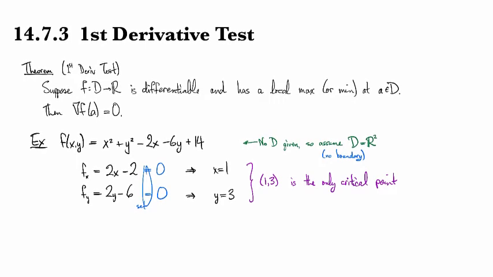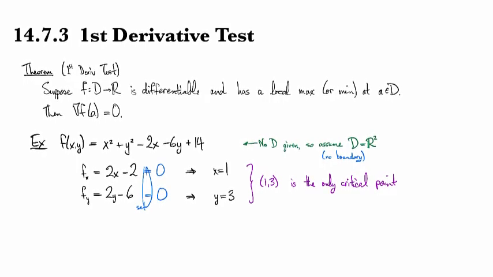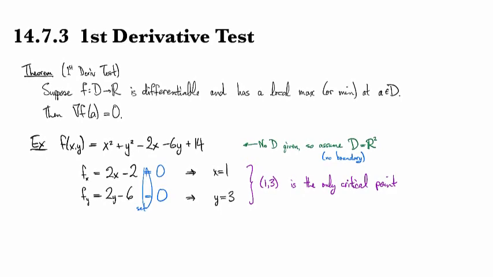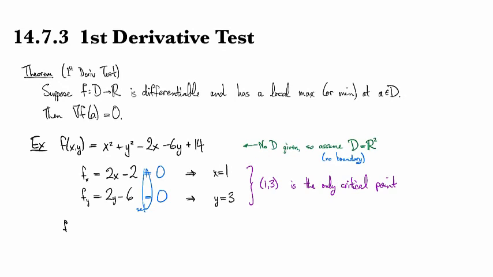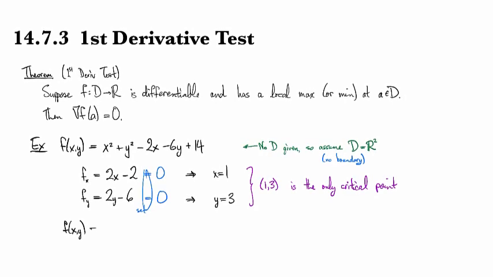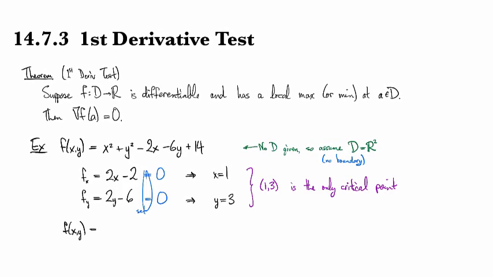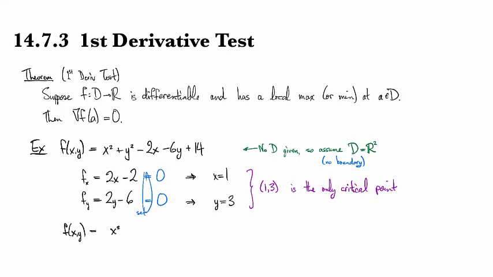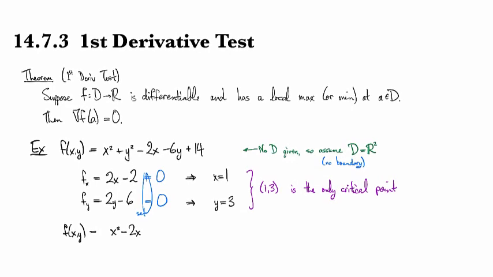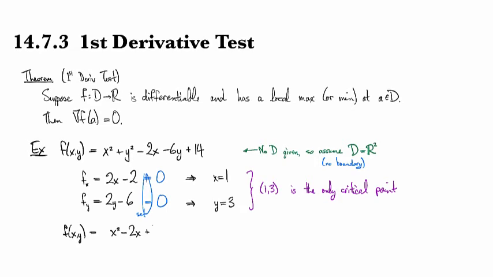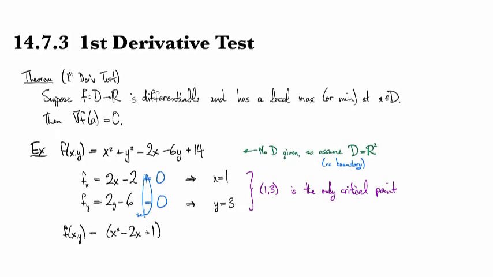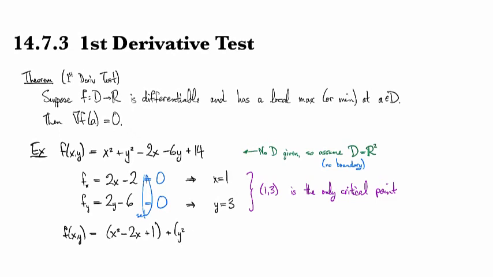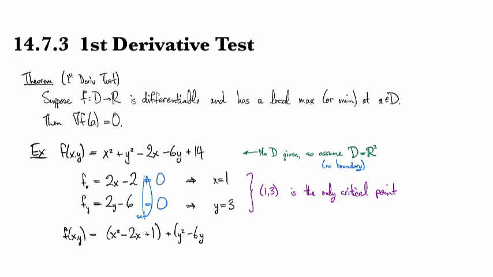We'll look at the second derivative test in a moment, but for now we can actually see that this is a minimum by rewriting the function slightly differently. Now that we see this magic point (1, 3), maybe you notice that if we complete the square, I can rewrite x squared minus 2x, and then add in a 1, and then y squared minus 6y, and to complete the square here, plus 9.